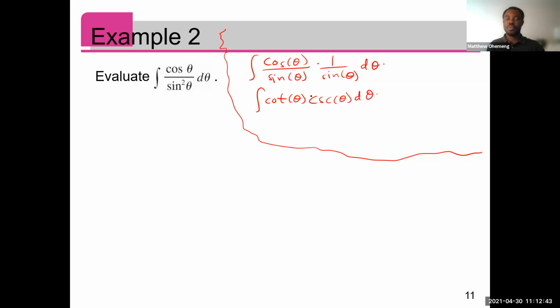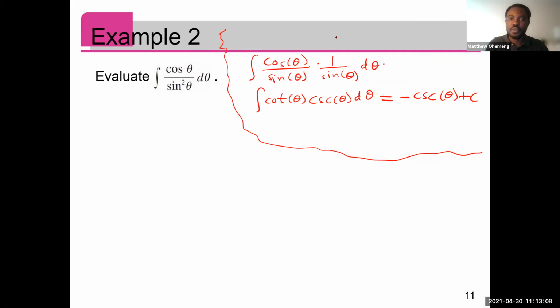And then the question is, what is the antiderivative of cosecant theta cotangent theta? Now, we know that the derivative of cosecant of x is negative cosecant cotangent. So you're going to say this is negative cosecant of theta plus c, because that's the standard rule for this.